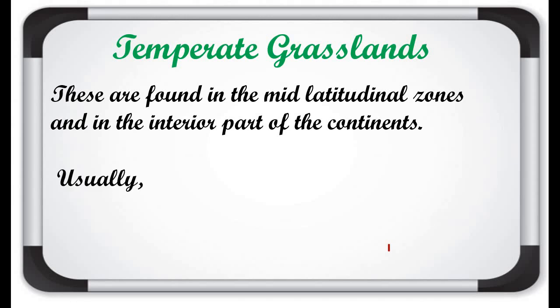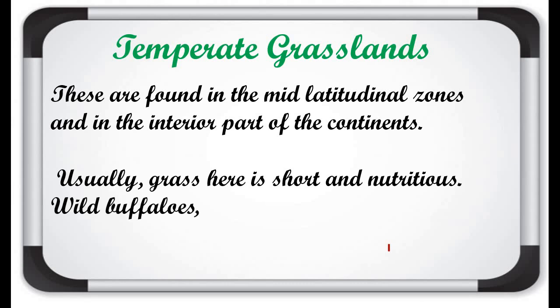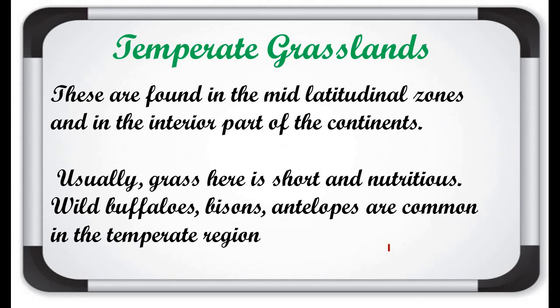Usually the grass here is short and nutritious. The wildlife found here includes buffaloes, bison, and antelopes. These are some common animals found in the temperate grasslands. Beta, for examples of this type of grassland, in North America they are known as prairies.